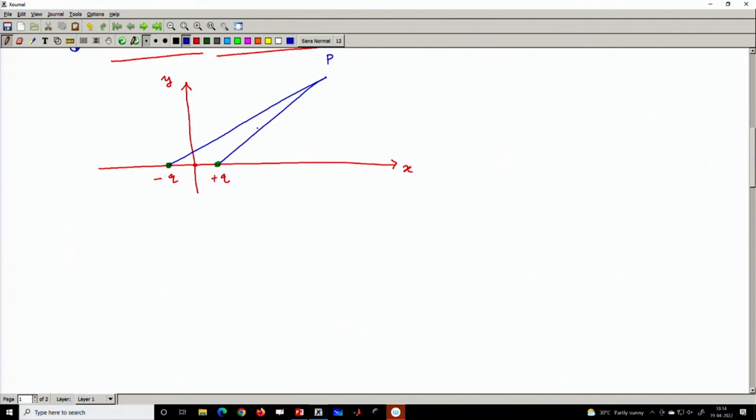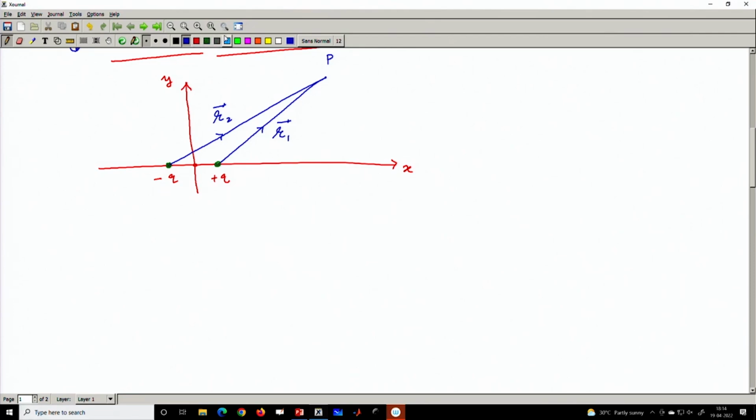So, the vector distance from the charges to P, in vectorial notation, say this is curly R1 and this is curly R2. This is the position vector for the point P from the points q1 and q2, mind it.